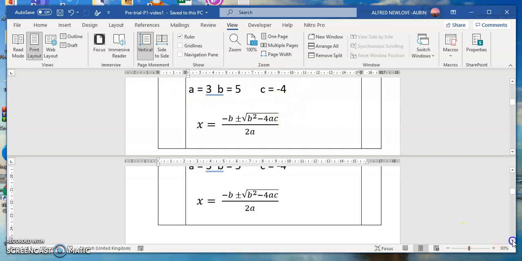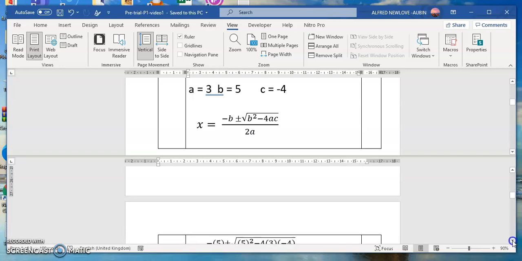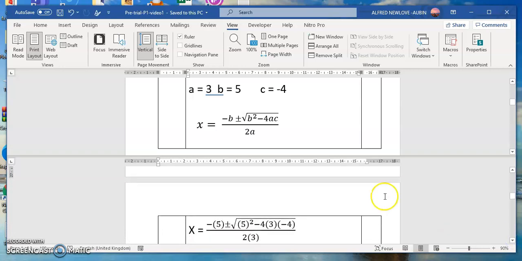Okay. Now, if you substitute, your minus is this one. Your b, which is 5, is this, plus or minus your b, which is 5, squared. Then minus 4, then your a, which is what, 3, times, when you put bracket there, this is AC means a times c.